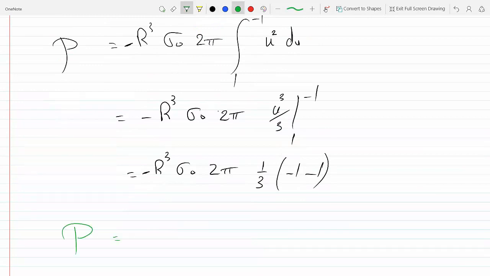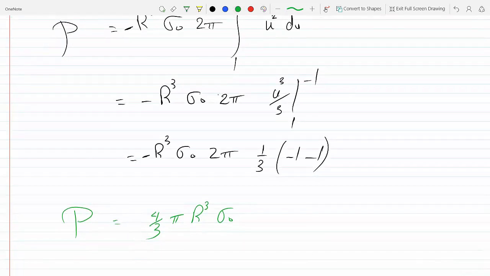So the final answer: the minuses cancel out, and we get 4/3 pi r cubed sigma 0. And if this is a vector, we said that this is pointing in the z direction, so this would be the dipole moment.